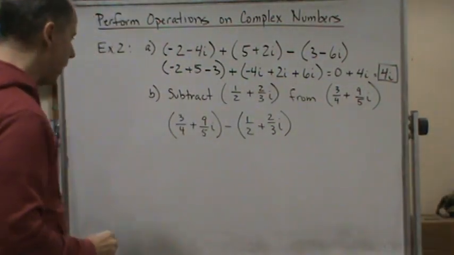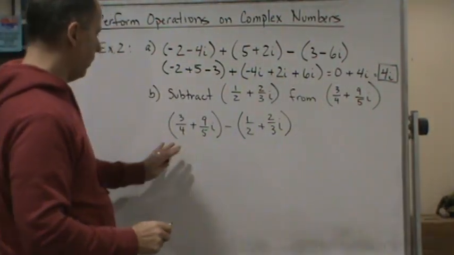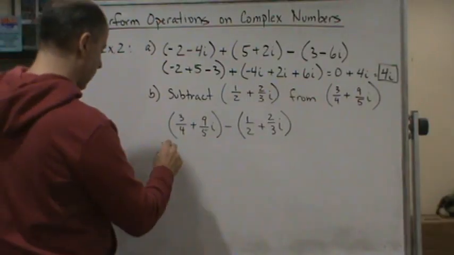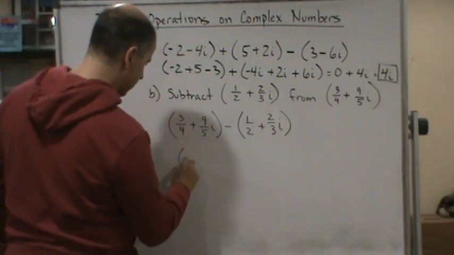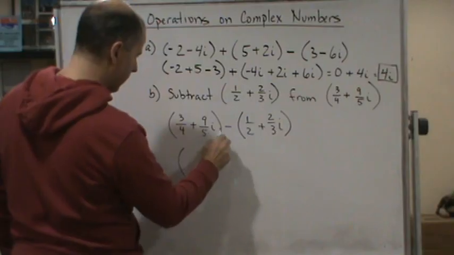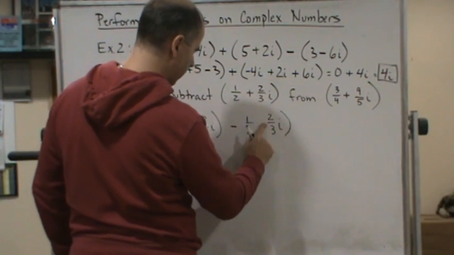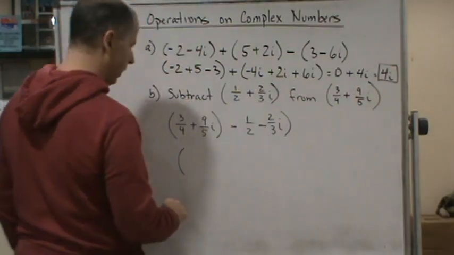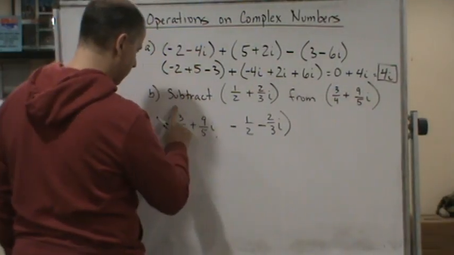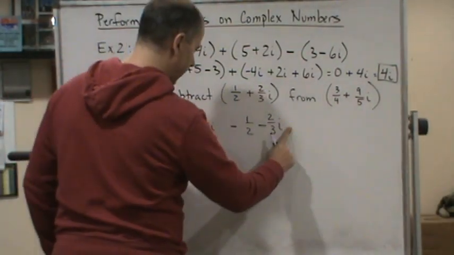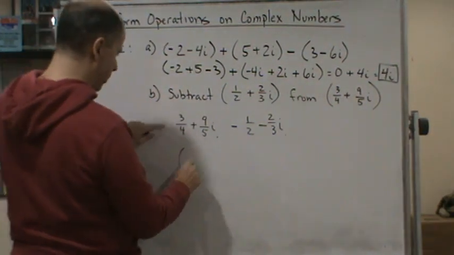Okay, now we can add like terms. So the way we would do it is, again, we're going to put the reals together. If you want to drop the parentheses, just distribute the subtraction. So this would be subtract, right? And so we could drop the parentheses here. And now we just combine like terms.